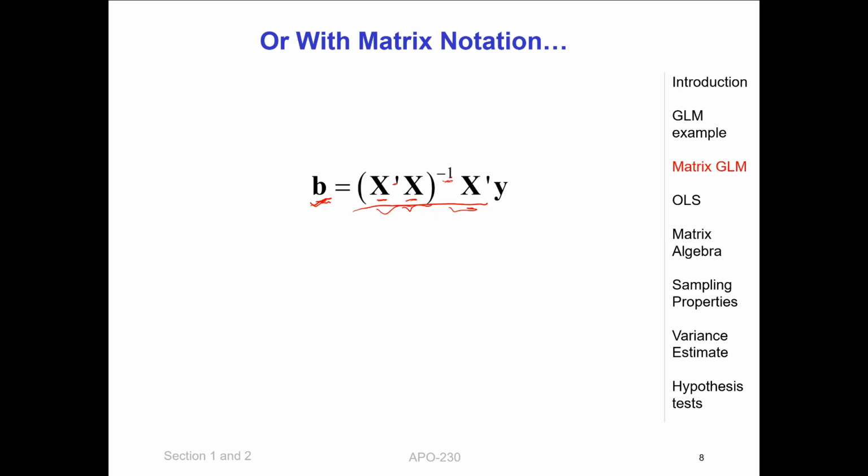What the inverse is, we will also go through shortly. And then again times the transpose of the matrix X and times y. So y here is a small letter, and again a vector, right? So we will go deeper a bit to understand what it means and why it is the way it is.